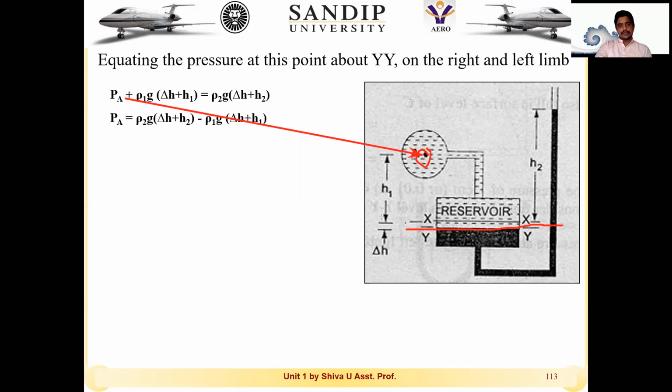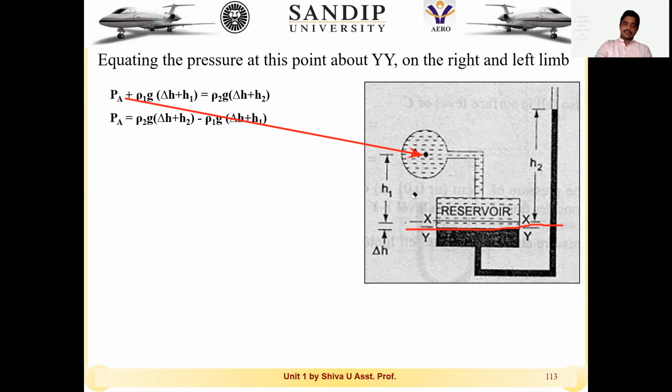From the hydrostatic law, we write rho G H. So in a similar format it becomes rho 1 G H1 plus there is another small variation of delta H, so plus rho 1 G delta H.